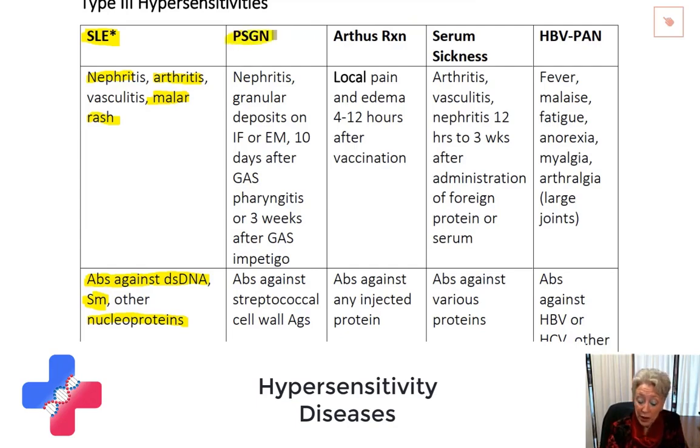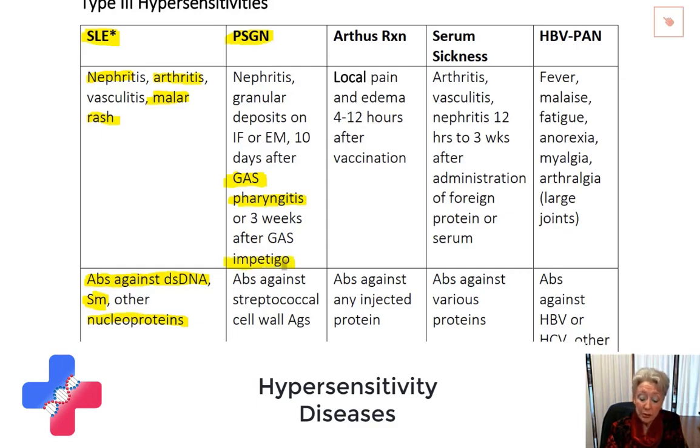Post-streptococcal glomerulonephritis is a condition, again, following infection with group A streptococci, so Strep pyogenes again. But in this case, it follows either the pharyngeal infection, as we saw with rheumatic fever, or after streptococcal impetigo.